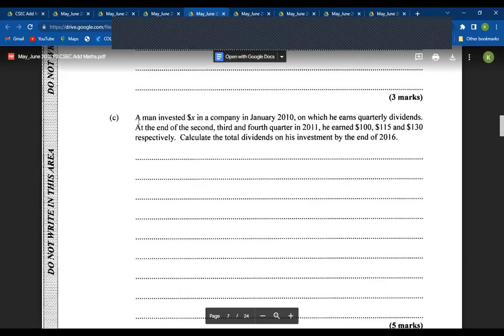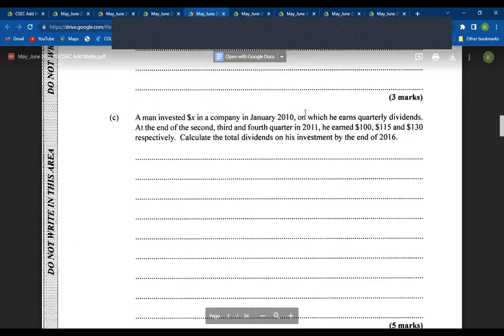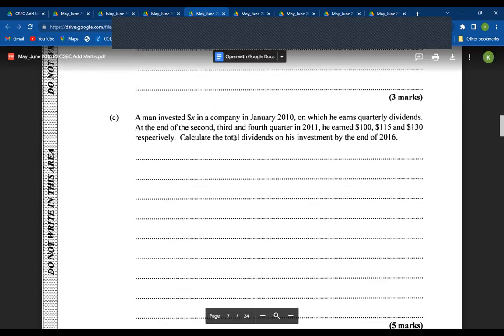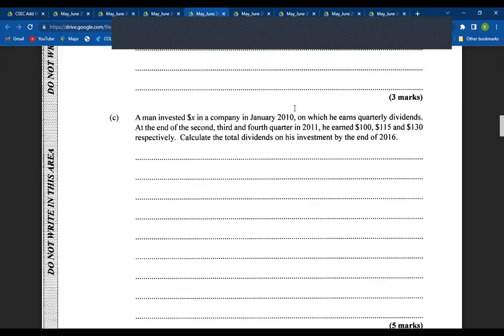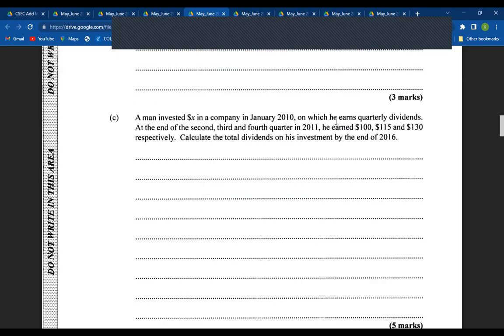Number 2C. A man invested X dollars in a company in January 2010, on which he earns quarterly dividends. At the end of the second, third, and fourth quarter in 2011, he earned $100, $115, and $130 respectively. Calculate the total dividends on his investment by the end of 2016. So they love this whole money thing, right?